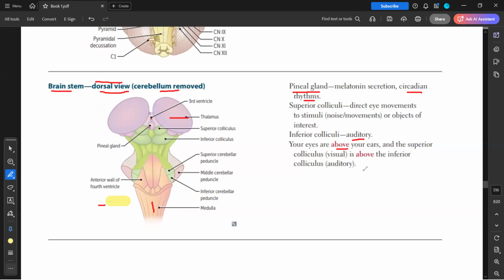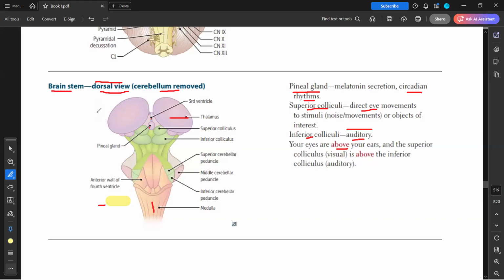Because your eyes are above your ears, the superior colliculi is the one that directs eye movement to stimuli like noise, movements, or objects of interest, and your ears are below your eyes, so inferior. Hence, the inferior colliculi is responsible for auditory stuff. And that's all for the pineal gland and other structures.